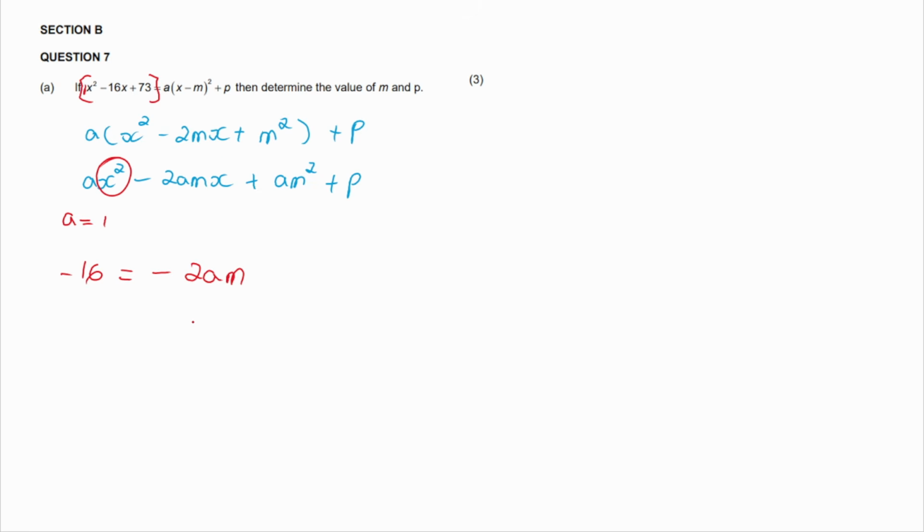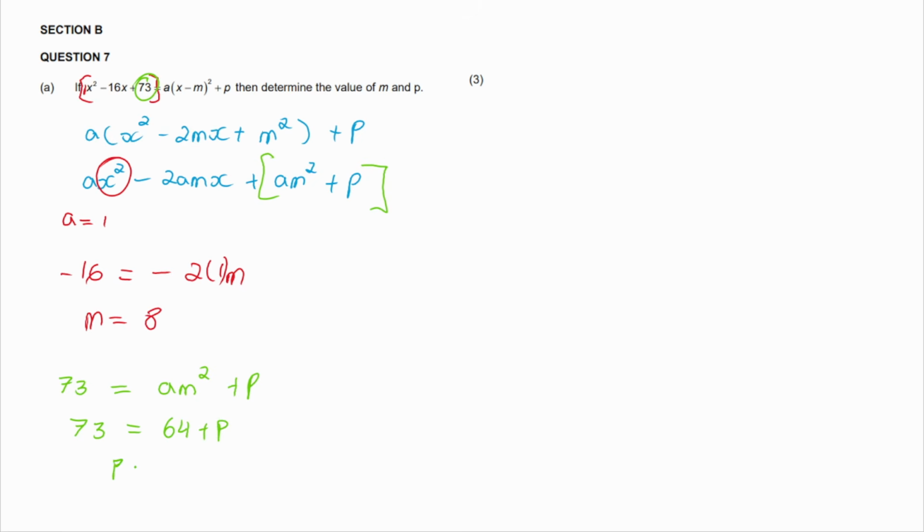We know a is 1, so we can just replace this with a 1, and you'll see that we still get m as 8. Then with the constants, we have that 73 is equal to the constant over here, which doesn't have anything with x's, so that's am squared plus p. But we know that a is 1 and m is 8, so this is 64 plus p.